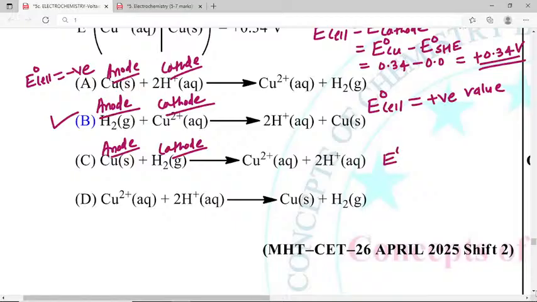Again, this is the E naught cell equal to negative. Again, this is copper 2 plus. This is not possible actually.